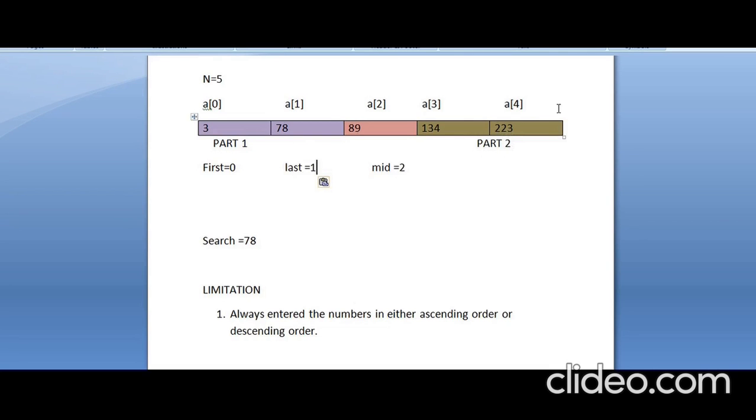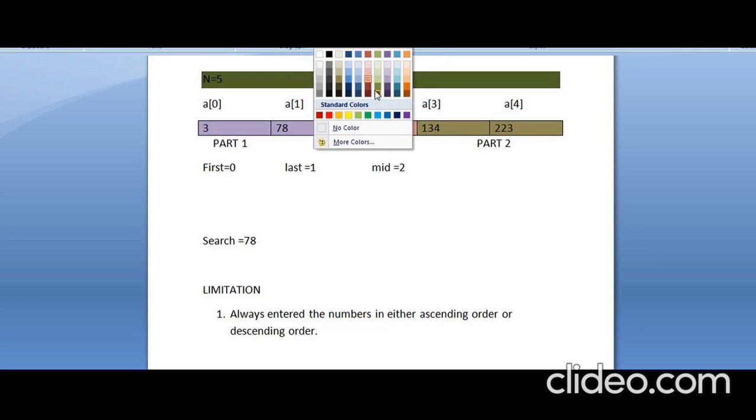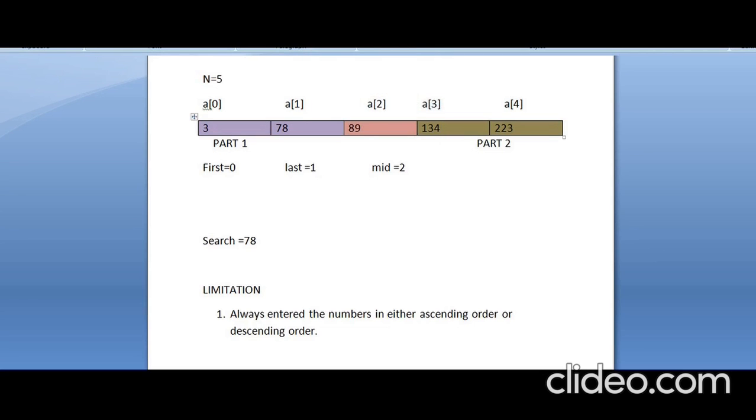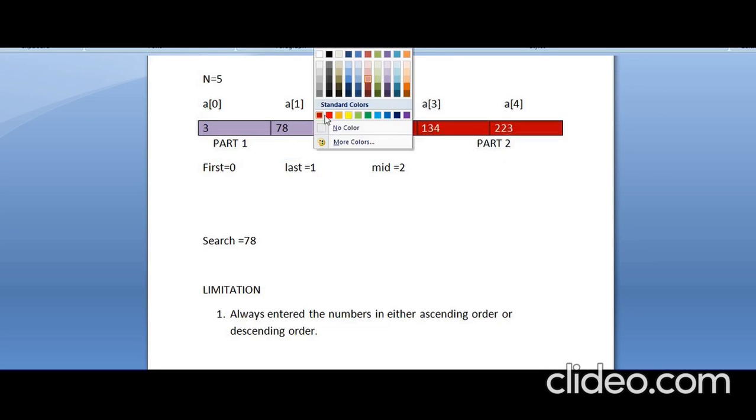Okay. Now we are hardly bothered about this, because first is pointing to 0, last is pointing to 1, and now it is better to use certain colors. Let me make this portion red.